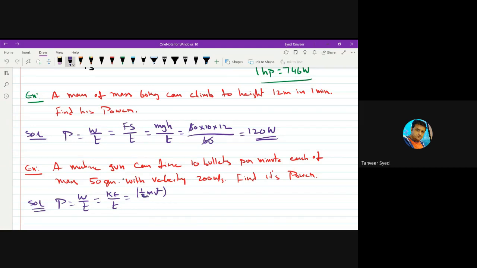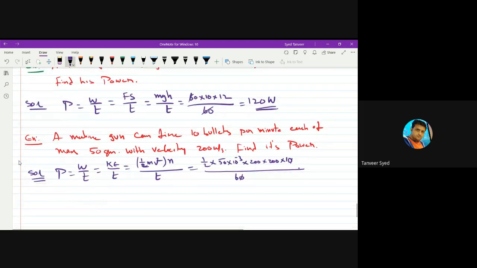Half mv square. But there is not only a single bullet, 10 bullets are fired. So I'll write here n, some n number of bullets, by time t. So half into mass of each bullet, 50 into 10 power minus 3, converting into kg, into v square, 200 into 200, into number of bullets 10, divided by time 1 minute, 60 seconds. So you can simplify it, you will get the value in watt. That will be the power of the machine gun.